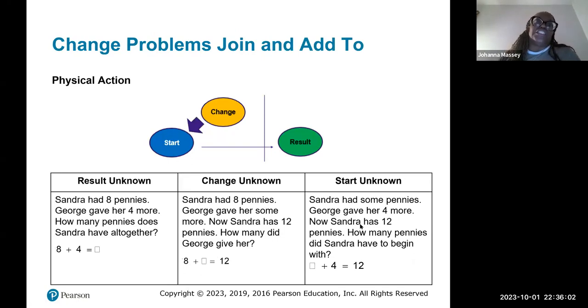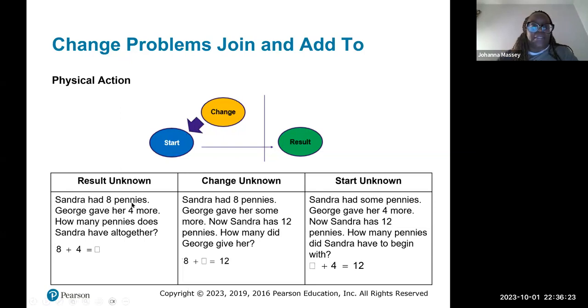We call this the change problem, join and add to. You have a start, and something goes to change the start, and then you have some type of result. That's a physical action. Results unknown. And this is Sandra and George.